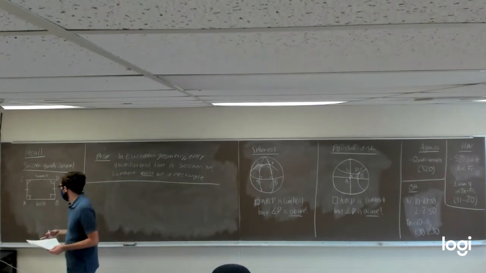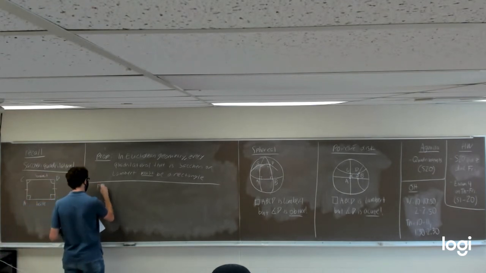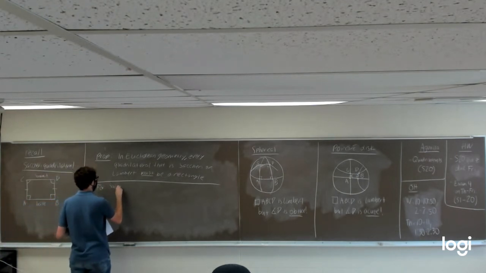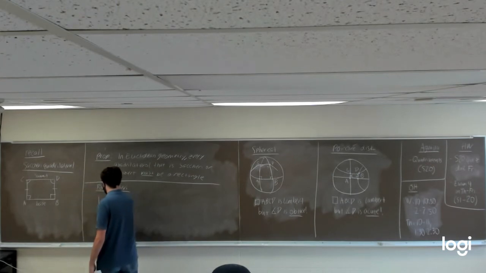In other words, for Saccheri, what this means is that if the two base angles are right angles, and if AC is equal to BD, so this is a sort of a subheading of what does this proposition say for Saccheri.